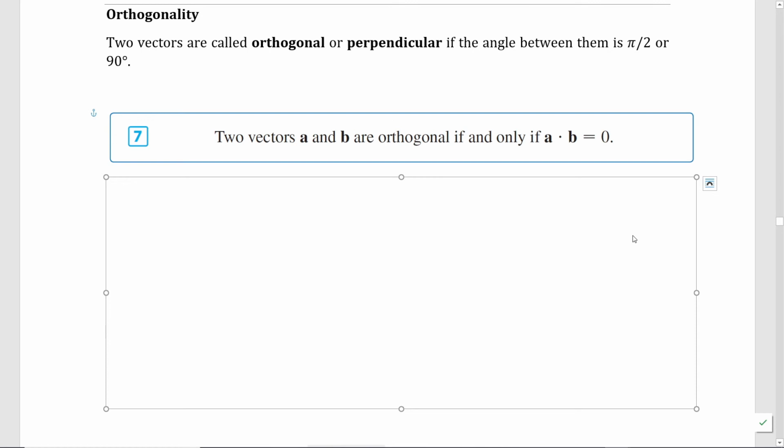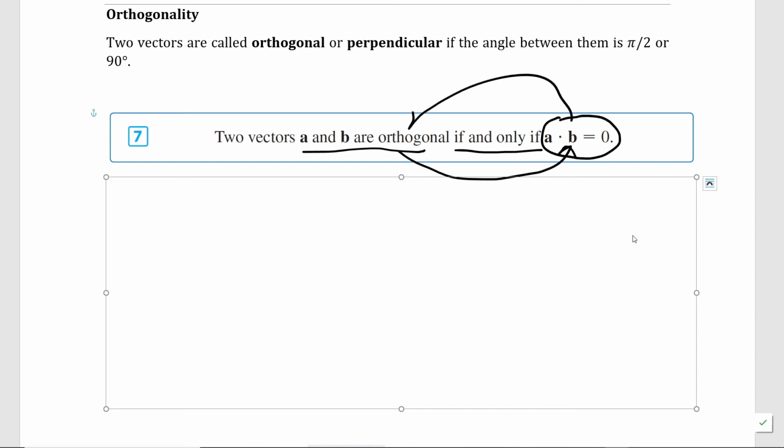So note here, this is an if and only if statement. It means if the vectors are orthogonal, then the dot product would be 0. On the other hand, conversely, if the dot product of these two vectors is 0, then the vectors must be orthogonal.